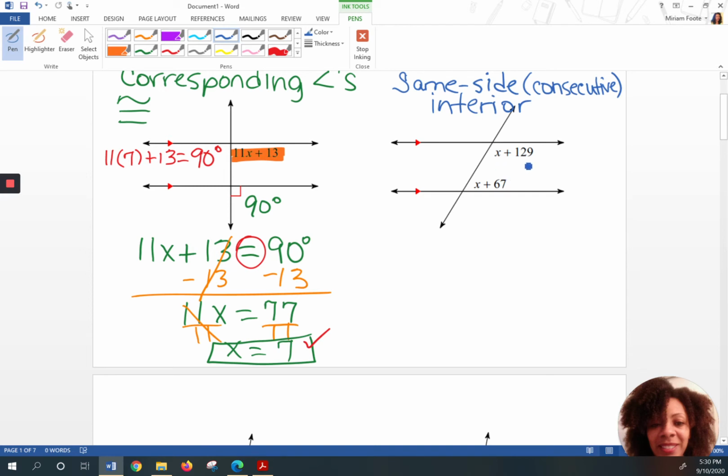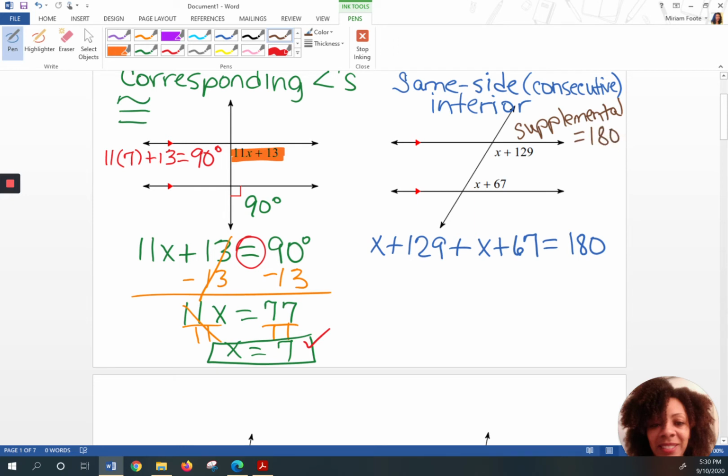So the whole angle is x plus 129, that's my first angle, plus the other angle, x plus 67, and it has to equal 180 degrees because, again, these are considered supplementary angles.